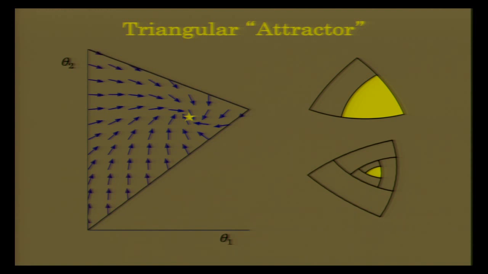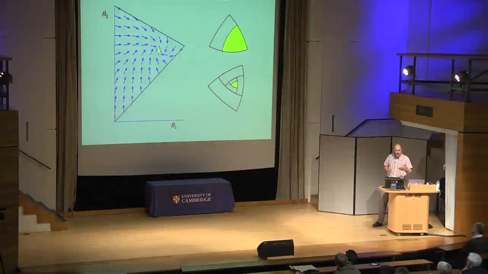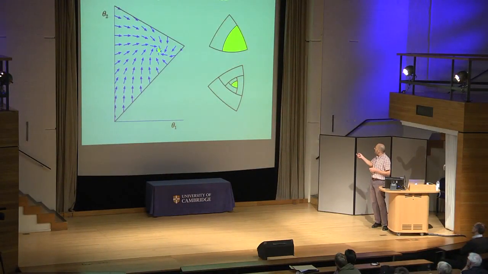So the fact that they have curved edges doesn't matter. If you give me two angles, I can define the triangle. And so we started in this triangular space, and we look at how, when you divide these cells, they move, what kind of flow you get. And they all move to this point here, which is this fixed point. Okay, so there are these fixed points. Not only do they exist, they are attractors, and therefore they should be observable in nature.